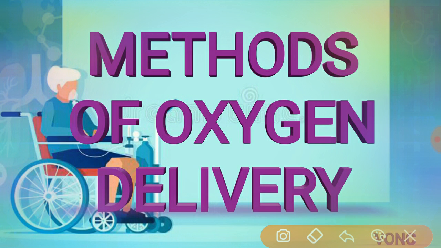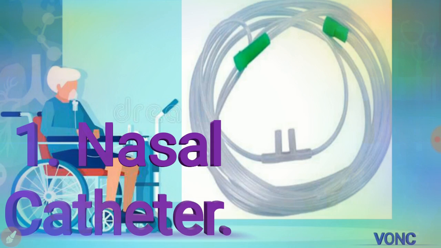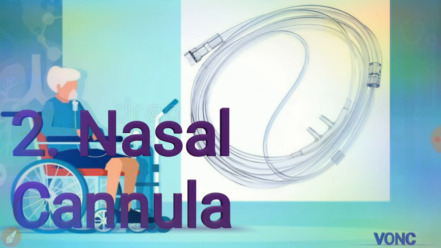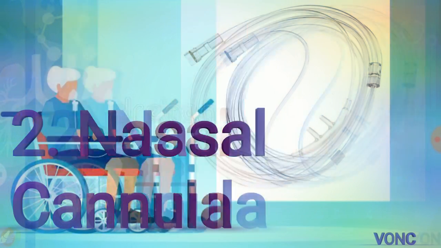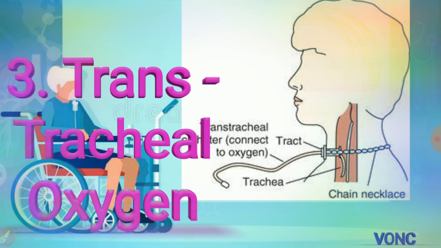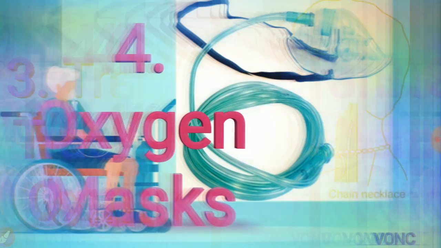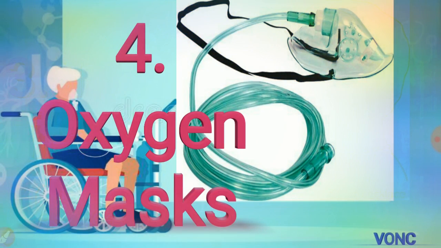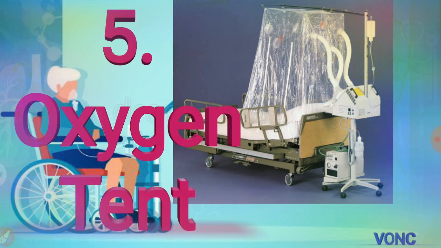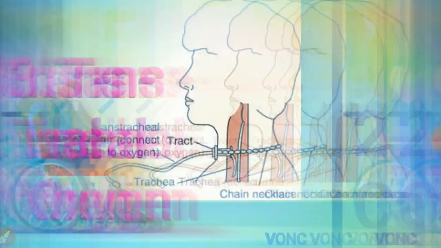The first one is the nasal catheter method, the second one is the nasal cannula method, the third one is the transtracheal oxygen method, the fourth one is oxygen masks, and the fifth one is the oxygen tent. These are the 5 methods of administering oxygen to the client. Let's see one by one.